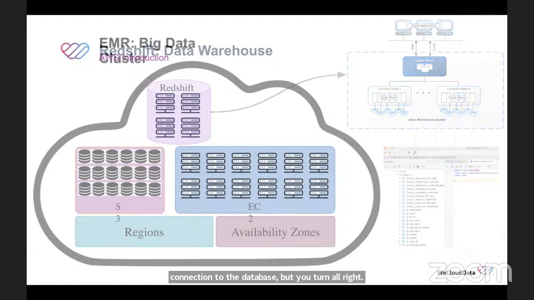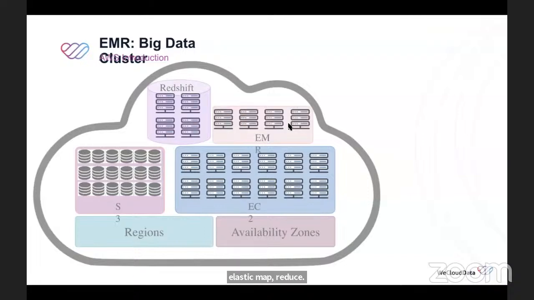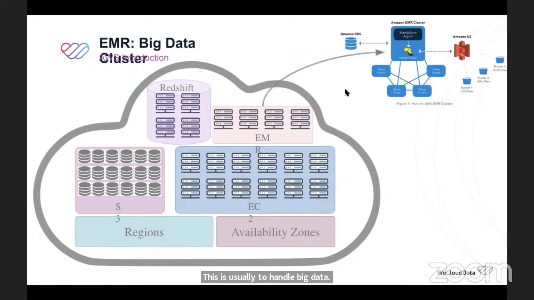After this, we have our EMR cluster. So EMR stands for Elastic MapReduce. Okay. This is usually to handle big data. And the way that EMR works, similar to Redshift, is on the principle of distributed computing. So again, we have one master node or leader node and multiple slave nodes or worker nodes.